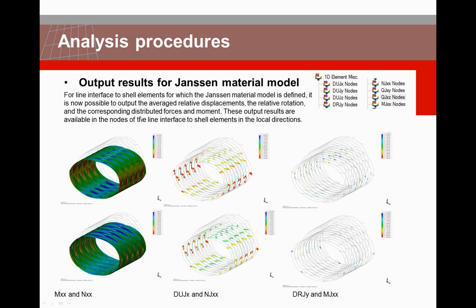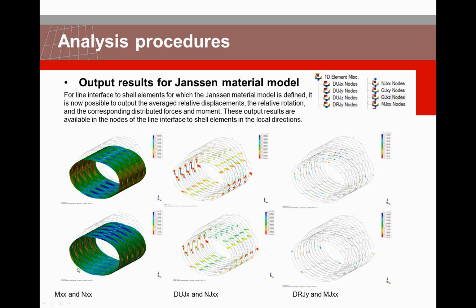We have for tunnel lining analysis, with the casing being modeled with shell elements and the interfacing between the segments defined with the Janssen model, now extended the output capabilities so that not only the stresses and strains in the interface can be output, but also the cross-section forces and bending moments in the joints, as you see here.